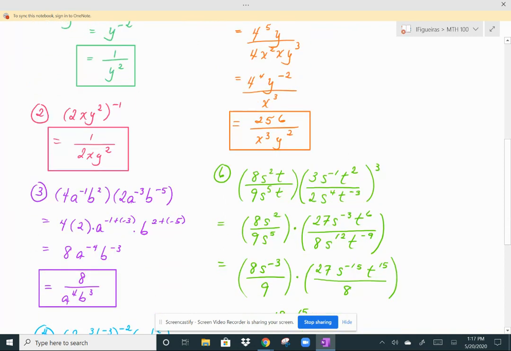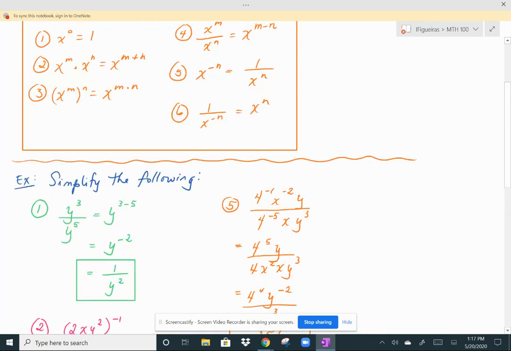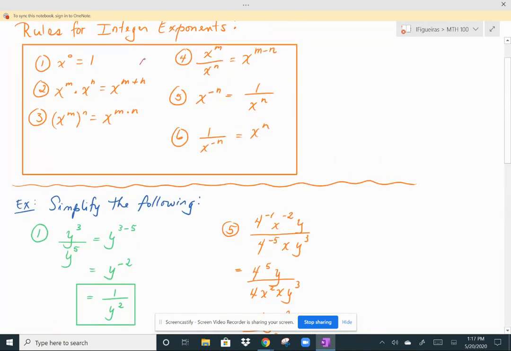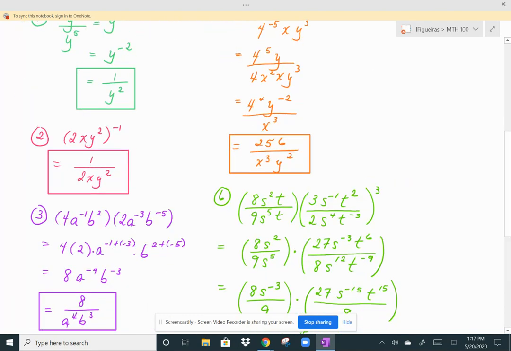Okay, so let's go on to number 3. Here I have 4a to the negative 1, b to the second, times 2a to the negative 3, b to the negative 5. All right, so we are multiplying two monomial expressions. So I'm going to be using the second rule, which is the one that says that you add your exponents when you are multiplying monomials with the same base. So let's see what we do here.